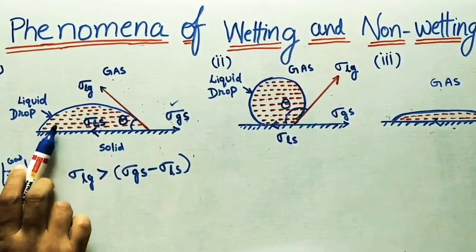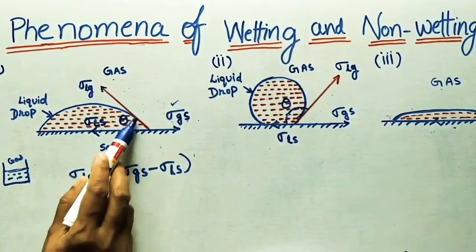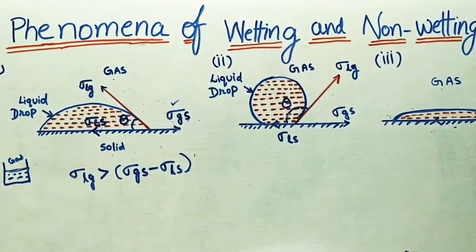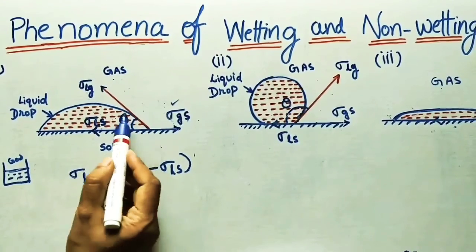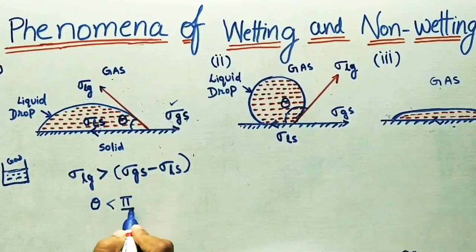If it is in equilibrium, it will stay at the same position, a constant position at equilibrium. At that time it will wet the surface. If it will not stay, it will not wet the surface. Now at this condition it will wet the surface. What about the angle? Is it less than 90? By seeing this we can say it is less than 90 degrees, pi by 2.